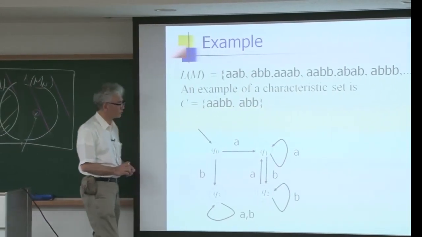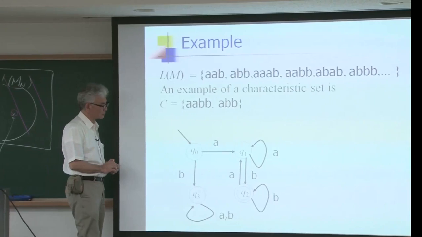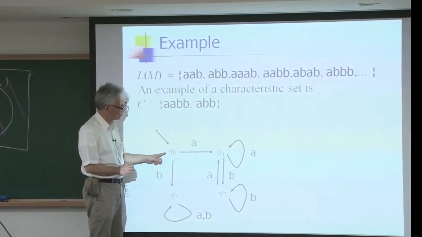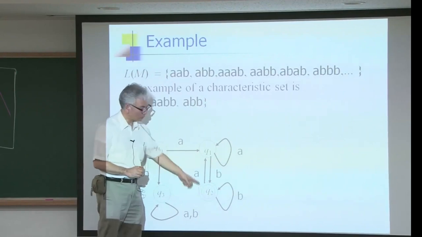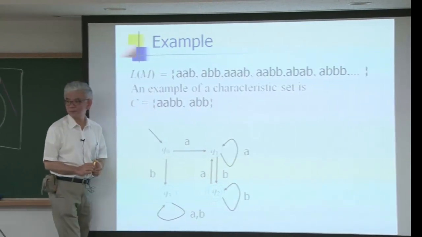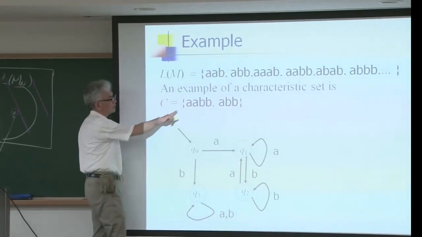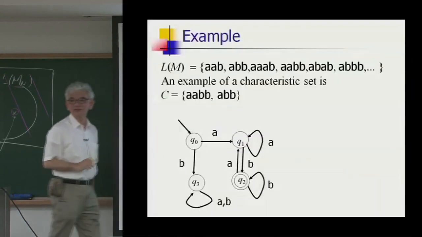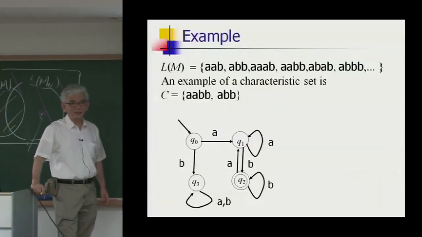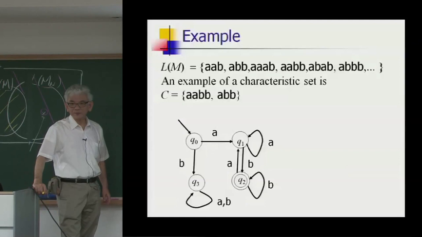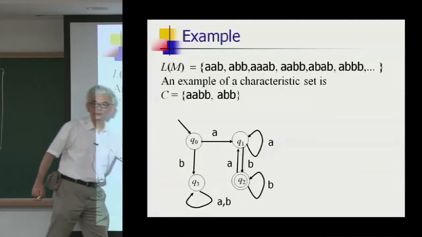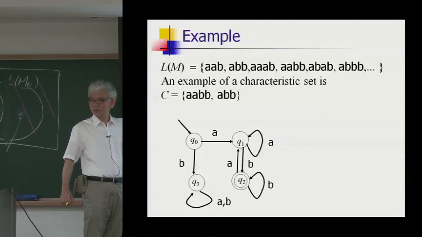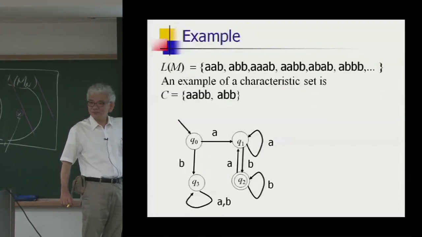And the second one is that we have several transitions from here to the final state. And in this characteristic set, every transition from the initial state to the final state must be appeared as bigram.